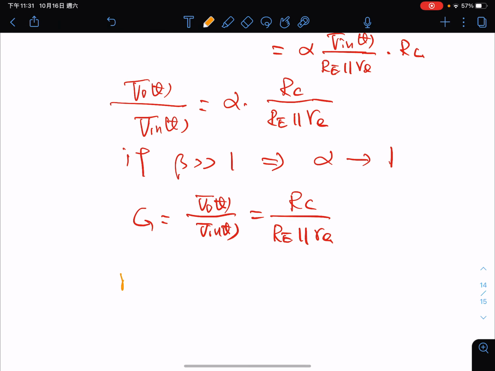Since re is 26 millivolts divided by IE, if IE is large, then re is small.